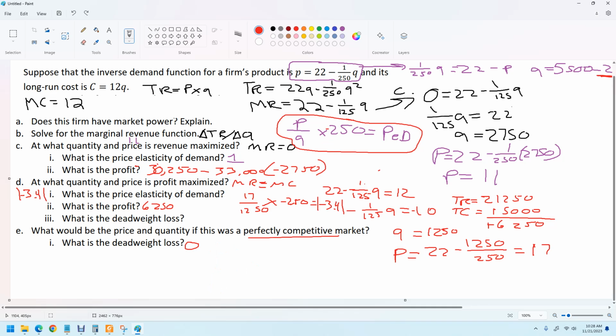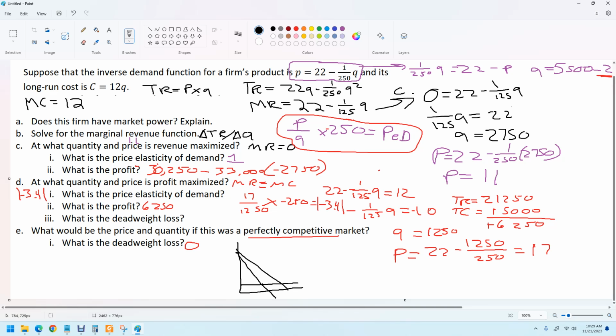I cannot write straight. I don't know where the mouse went. Lost everything here. All right, good enough. 12 is going to be right here.